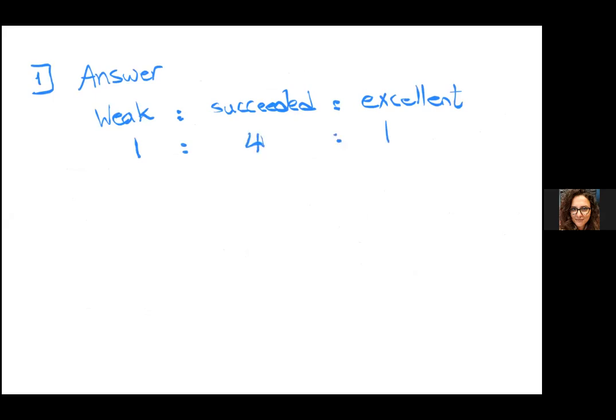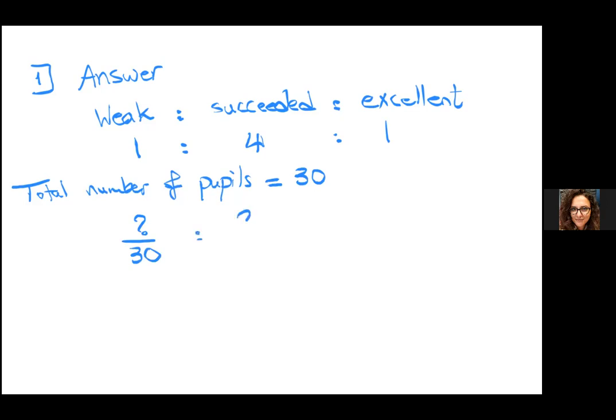The total number of pupils is equal to 30. All right, so this means that there's a number here over 30, and there's a number here over 30 as well.